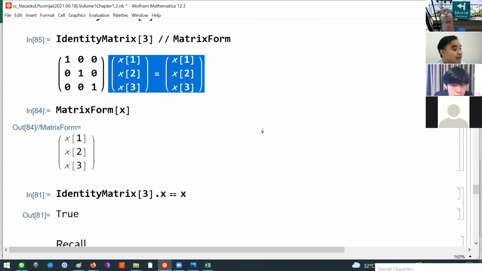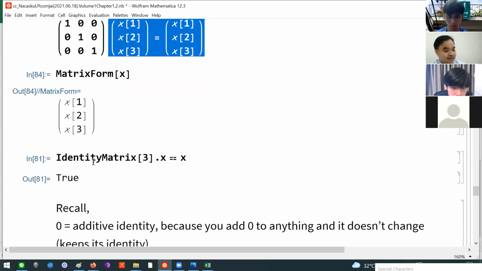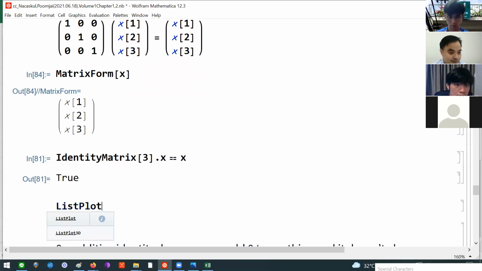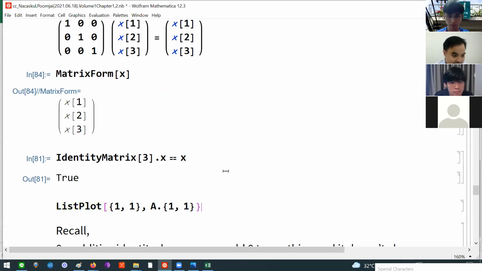What if I want to keep the same dimension, but different values? This is where it gets interesting, because I'm going to plot 1, 1, and matrix A dot 1, 1. But first, I have to specify what A is.